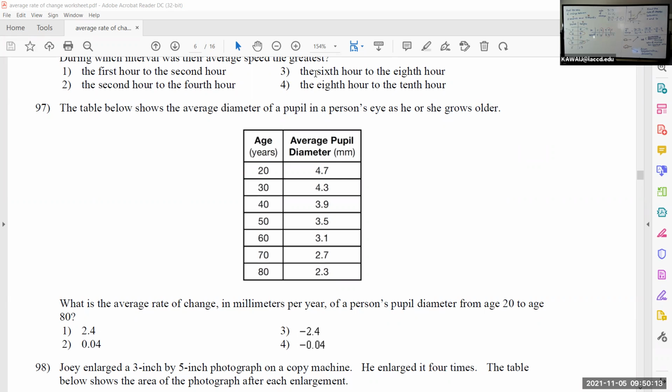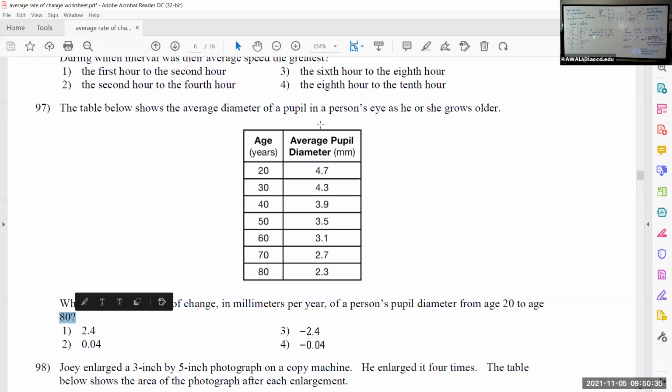Okay, so let me just give you a little hint. They said from age 20 to age 80.